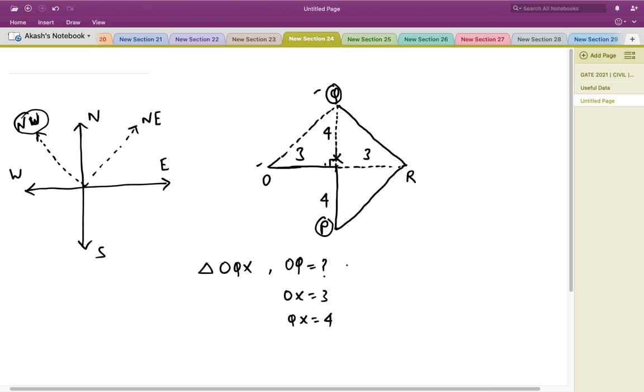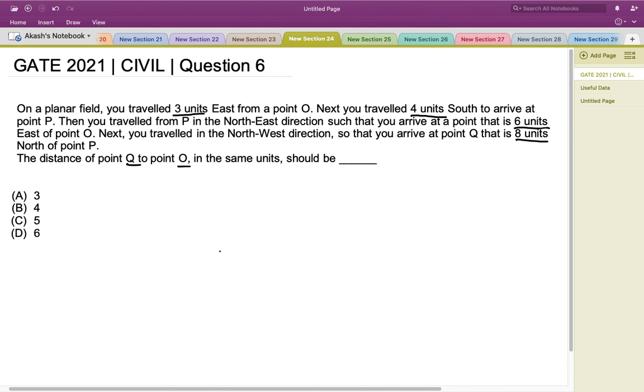Therefore we can use the Pythagoras theorem and determine OQ as root over 3 square plus 4 square, which would give me 5 units. So the distance between point O and point Q is 5 units, which matches with option C. So option C is the right answer.